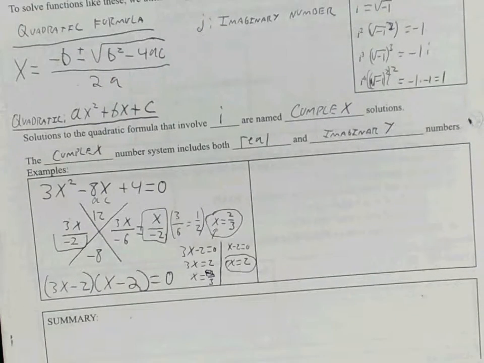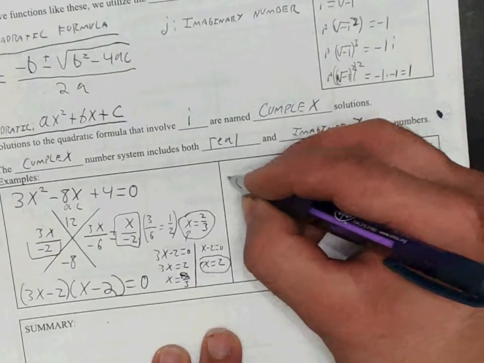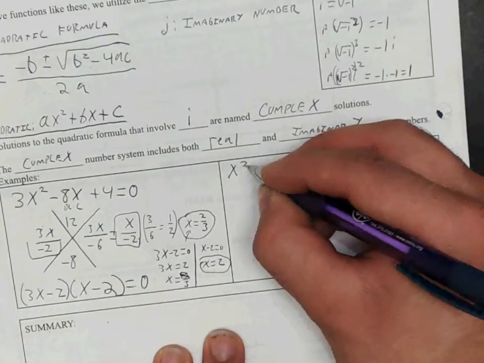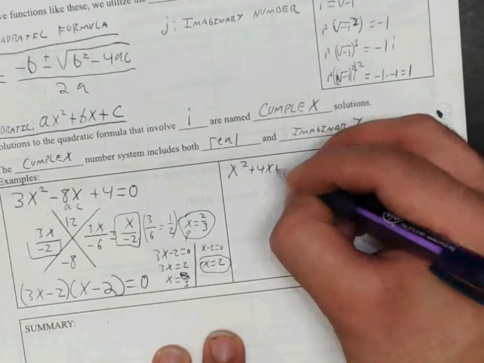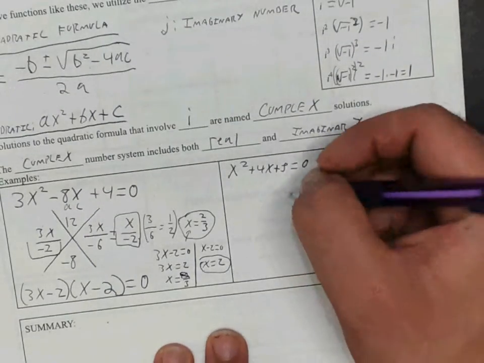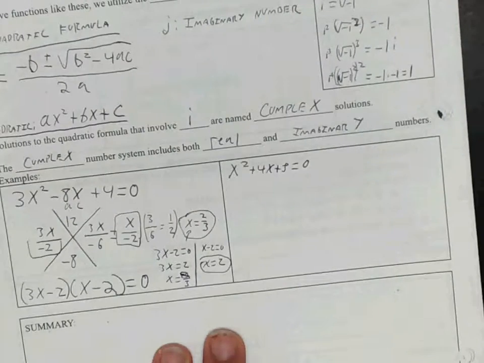All right. The next example is going to be x squared plus 4x plus 5 equals 0. And so here you can't factor it, so you'll have to use the quadratic formula.